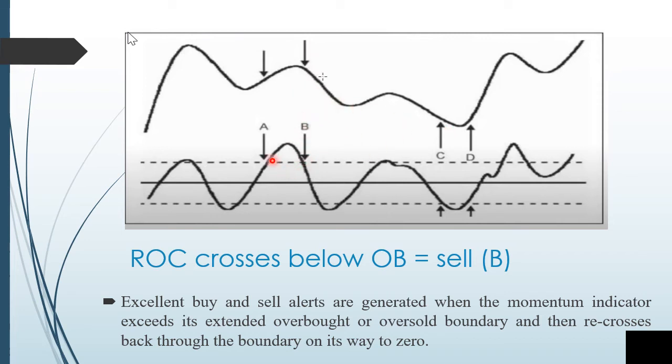Kalau untuk A ni dia adalah satu signal untuk buying. Bila kita tengok dekat sini pula, kita tengok penurunan dia ni melebihi daripada garisan oversold.